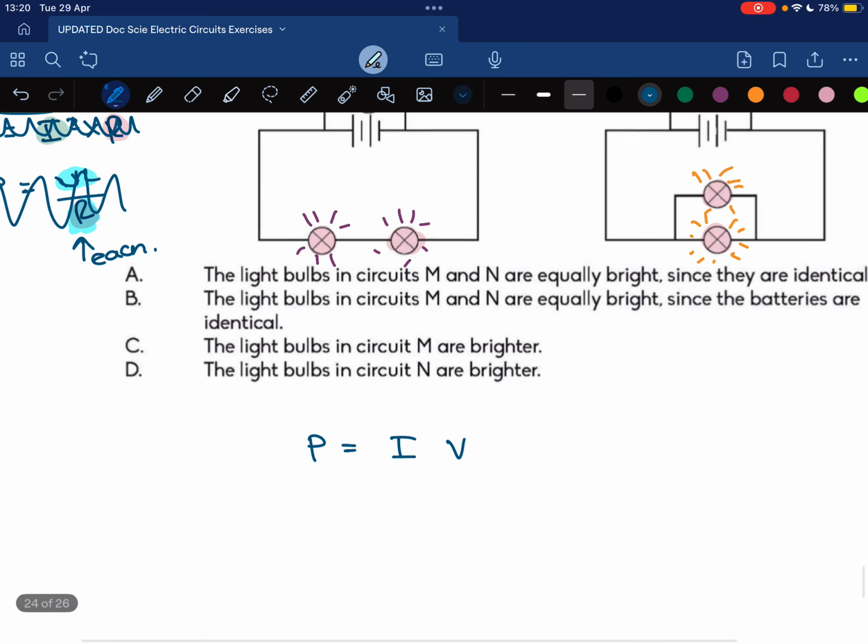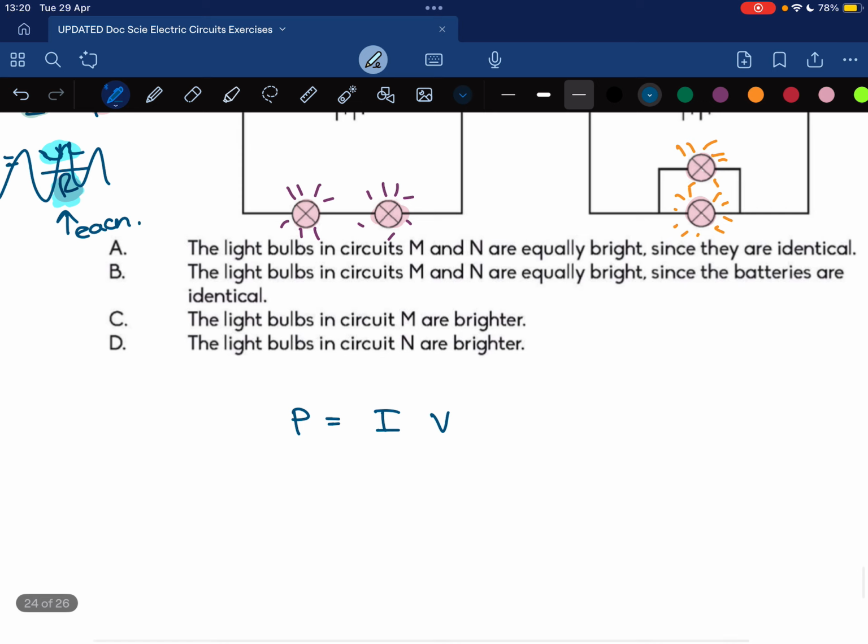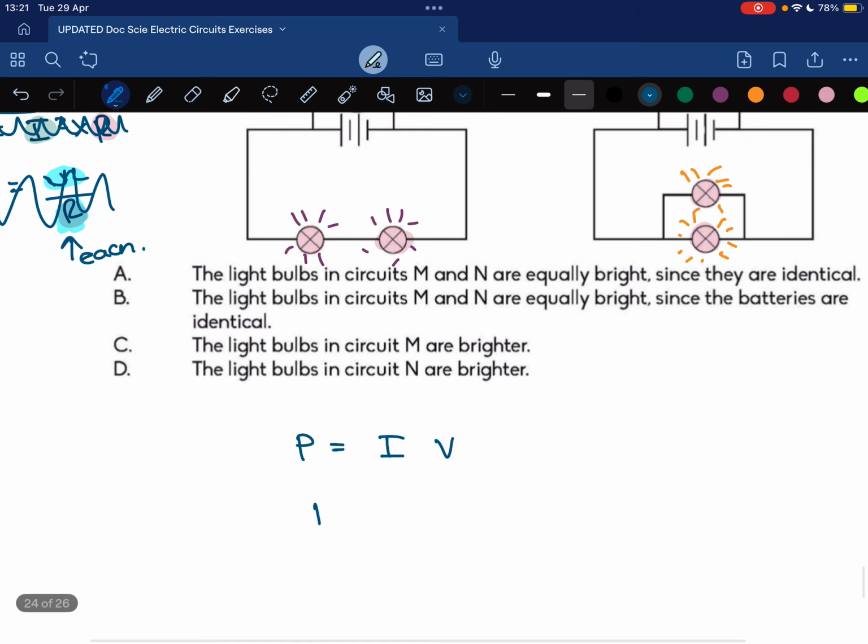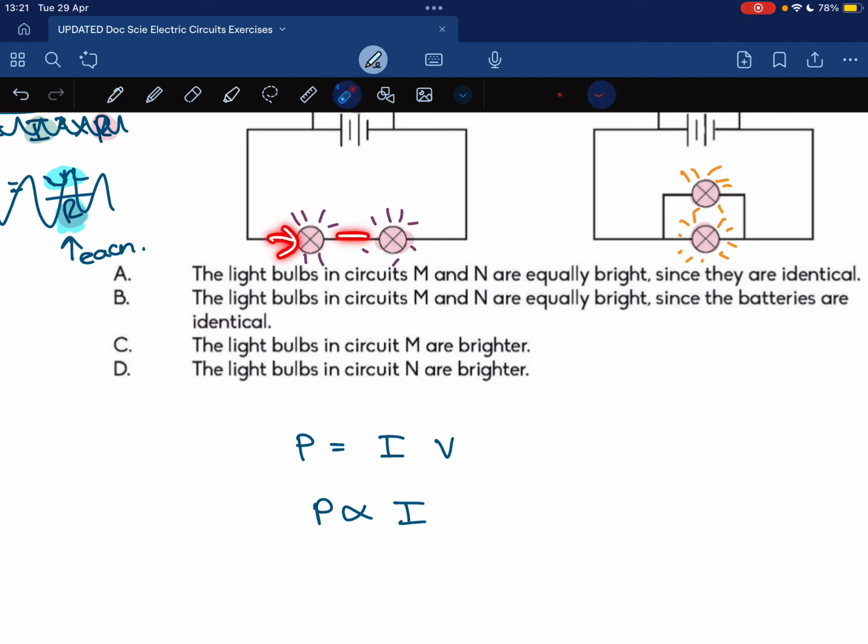So if the voltage is the same, but the current is splitting, then power is directly proportional to the current. Now the current that flows through these light bulbs is going to be bigger than the current that flows through these light bulbs, because they will halve.